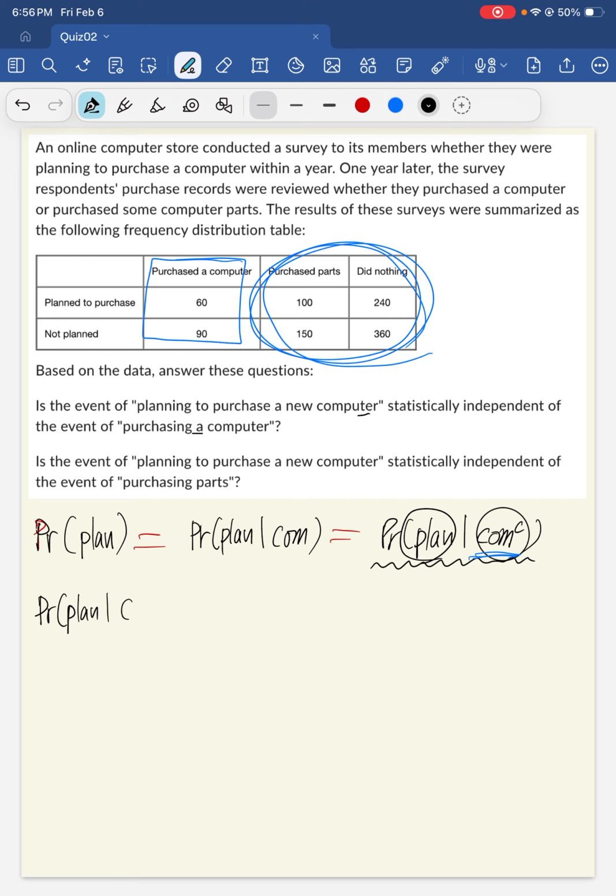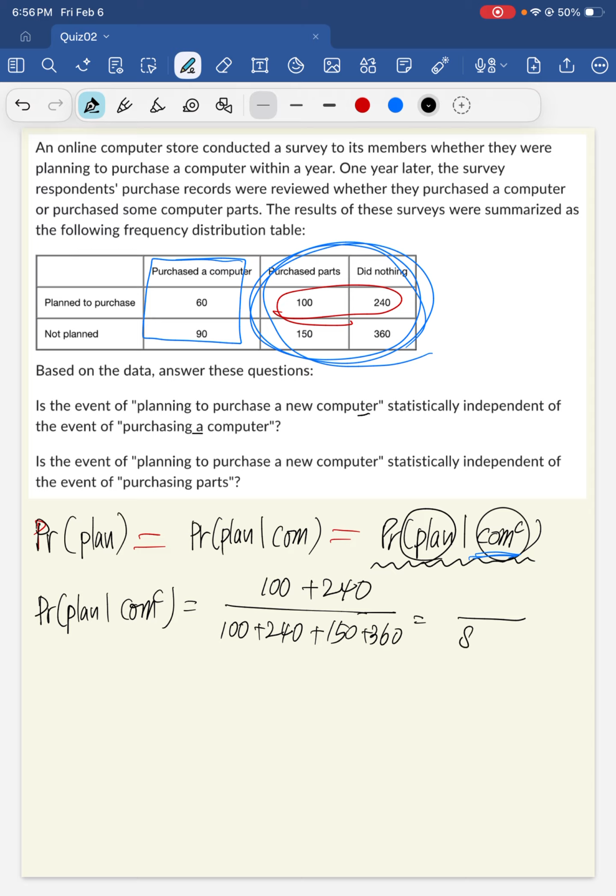So the last probability can be written as this. Out of this, how many have actually planned? This many? So 100 plus 240. So if you calculate that, the denominator is 850 and the numerator is this much. So this is the probability.